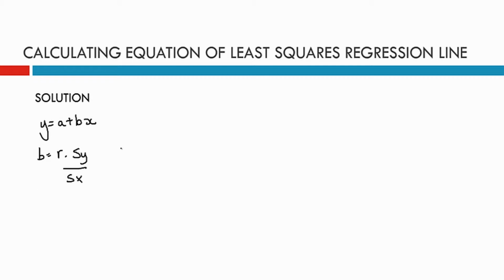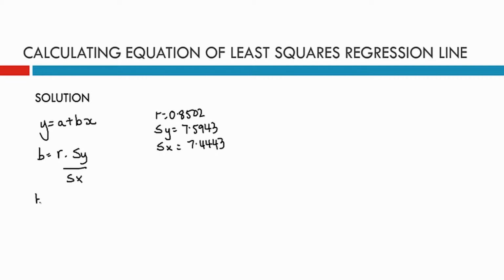So that equals, now remember, the r that we had was 0.8502, and the standard deviation of y was 7.5943, and the standard deviation of x was 7.4443. They're all in centimetres, the x and the y.